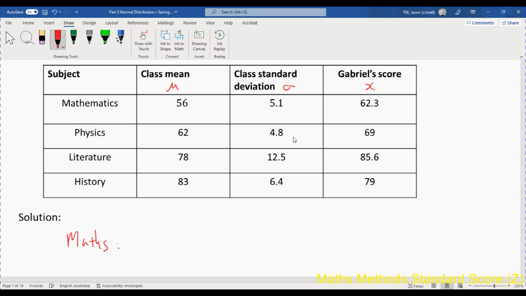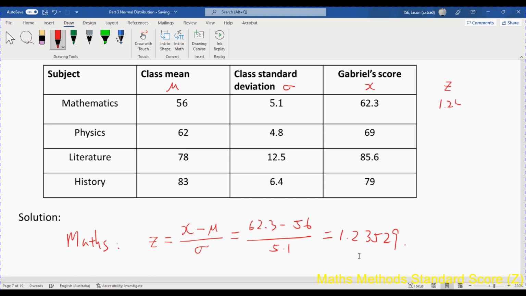That score should be the x value, not the z value, so I'm going to find the z value here. For math, the z value should be the x value minus the mean, over the standard deviation. That's what I'm going to do. After some calculation, I will get 1.23529, so let's just write 1.24.